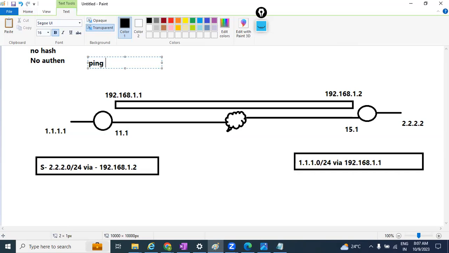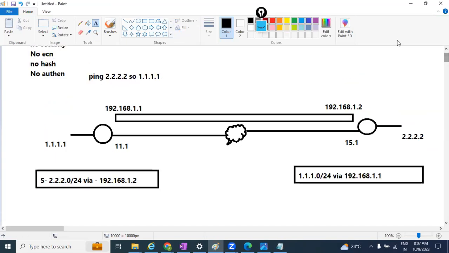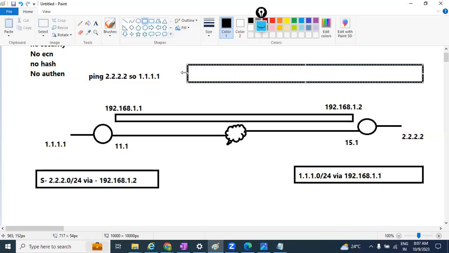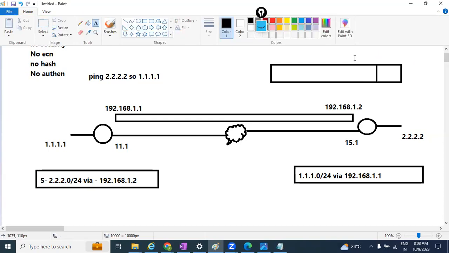Okay, so let's consider that I'm pinging 2.2.2.2 with 1.1.1.1 as the source. Now tell me how the packet would look. Let's consider this is the packet. What things would be added? First of all, this is ICMP.